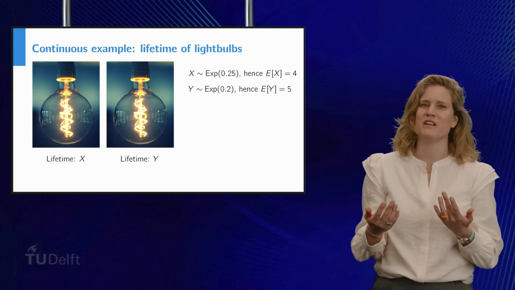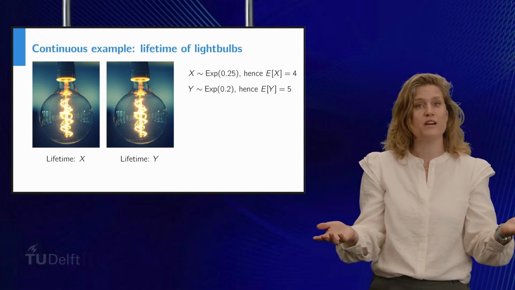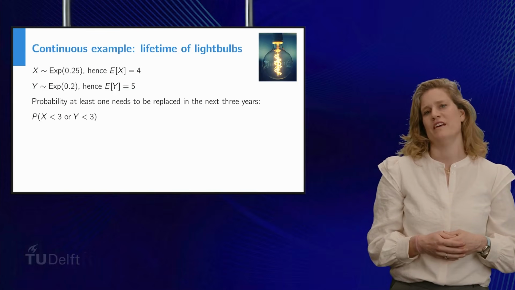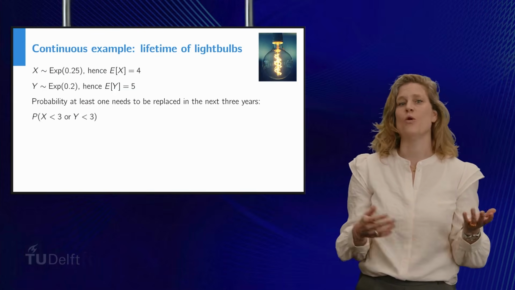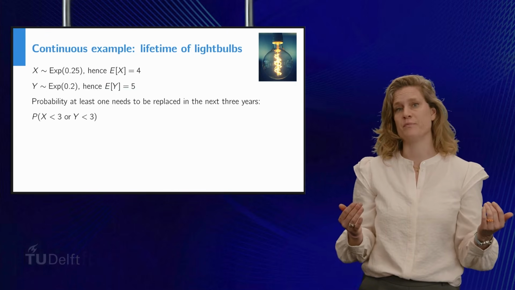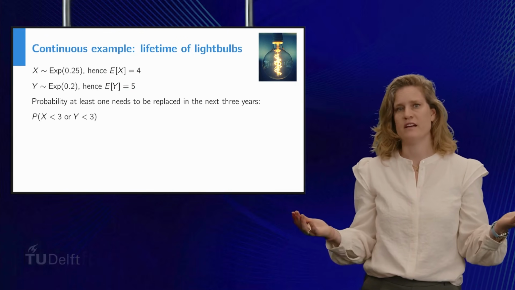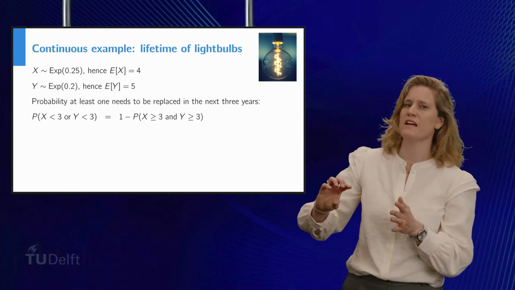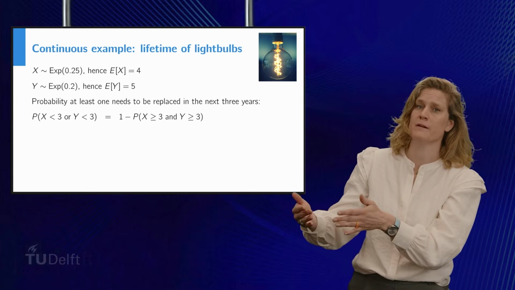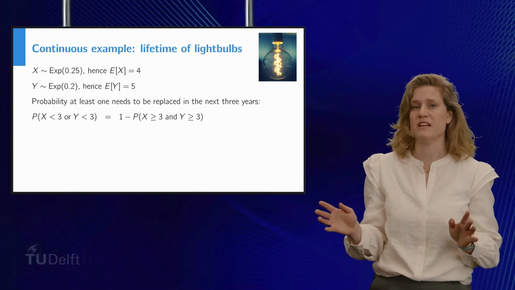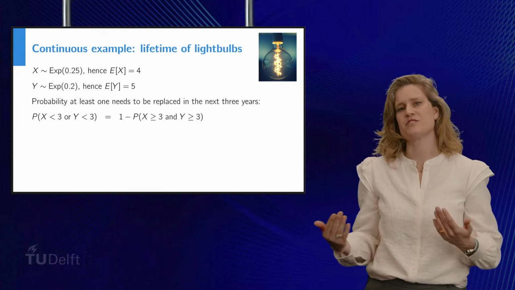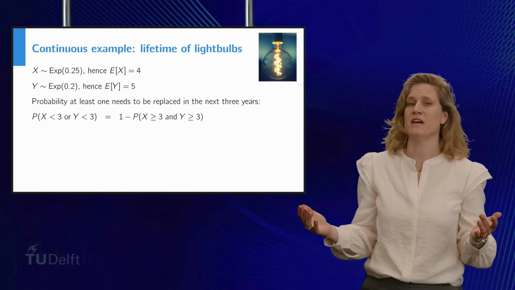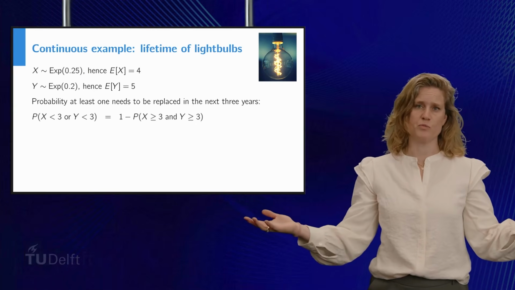Now, what is the probability that I need to replace at least one of them in the upcoming 3 years? Well, that is the probability that X or Y is less than 3, or they both are. It is easier actually to look at the complement. X and Y are both at least 3, meaning that I do not have to replace any light bulbs in the next 3 years. These light bulbs are physically independent of each other. They are in different rooms.